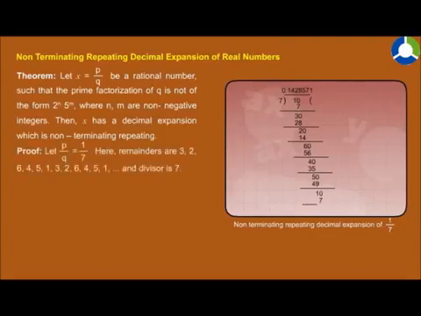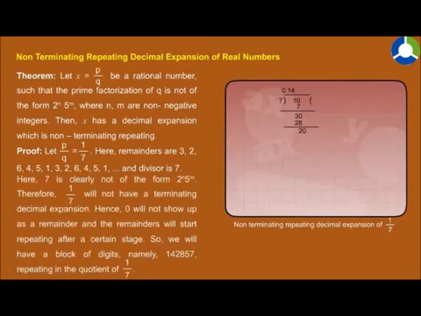Proof: Let p/q = 1/7. Here the remainders are 3, 2, 6, 4, 5, 1, 3, 2, 6, 4, 5, 1 and the divisor is 7.